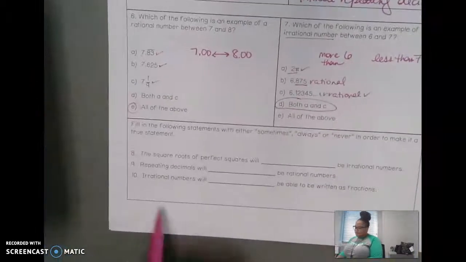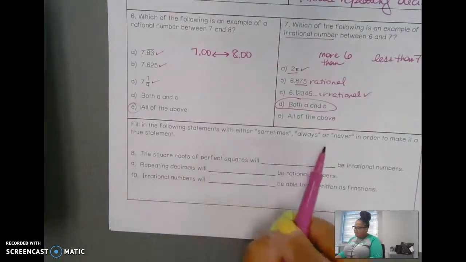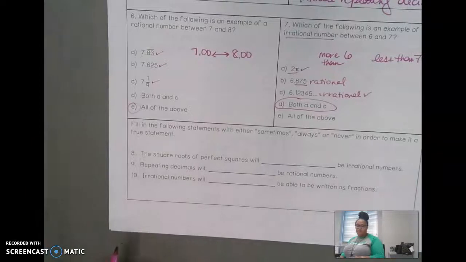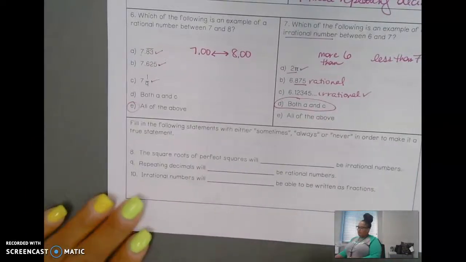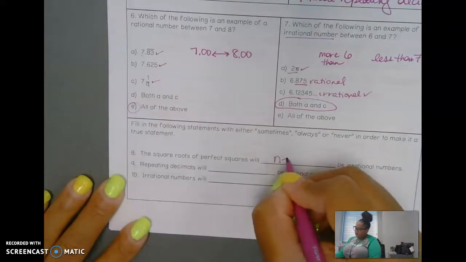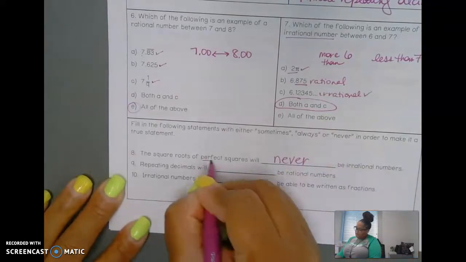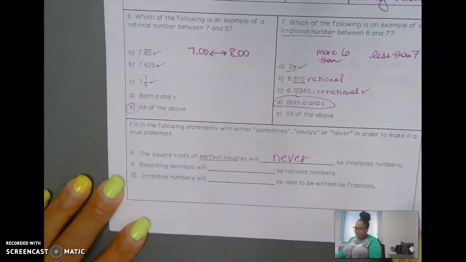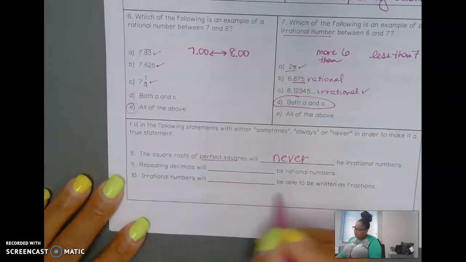Lastly, fill in the statements with either sometimes, always, or never in order to make it a true statement. The square roots of perfect squares will never be irrational numbers, because perfect squares is the key word here. Repeating decimals will blank be rational, and irrational numbers will blank be able to be written as fractions.